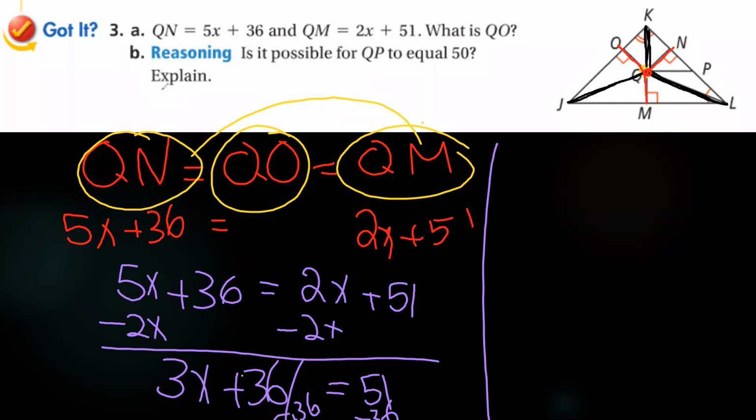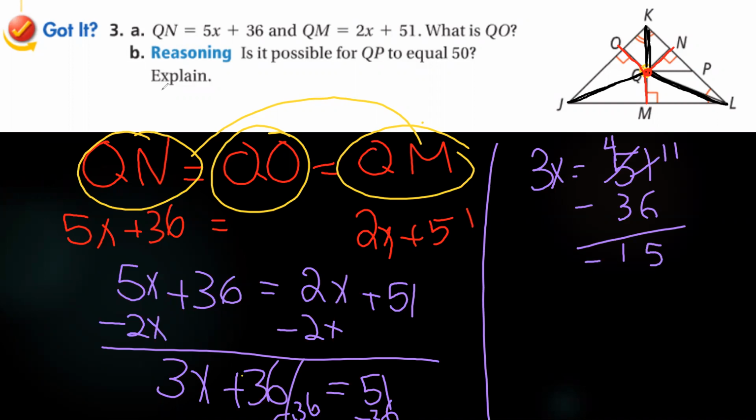So we have 3x equals 51 minus 36, which is 15. So 3x is 15, so x will be 5. So what did I find now? I found x. If I evaluate x in the expression that represents the length of QM, I can find the length of QM.